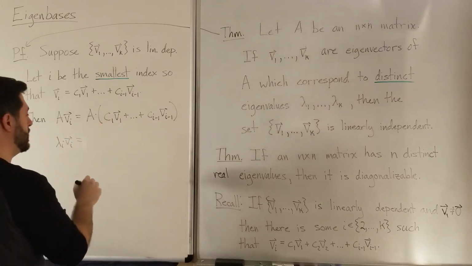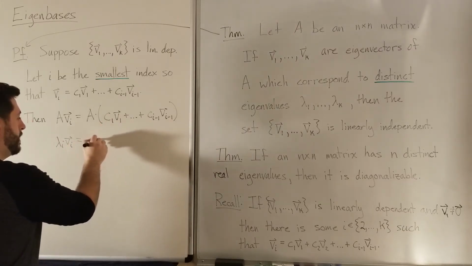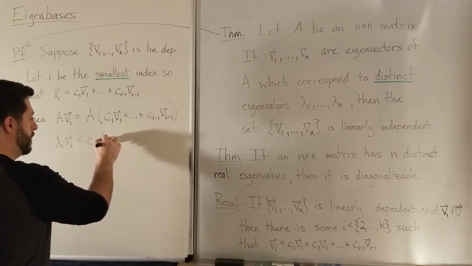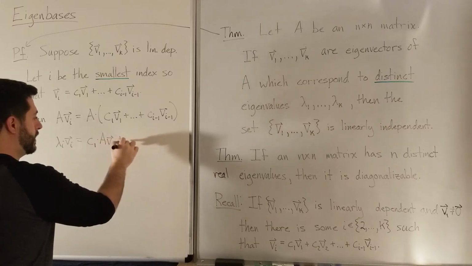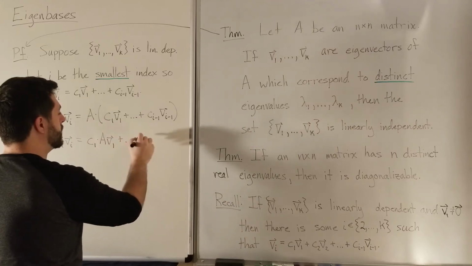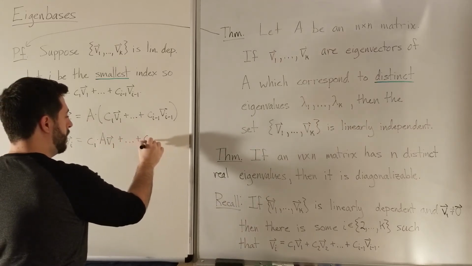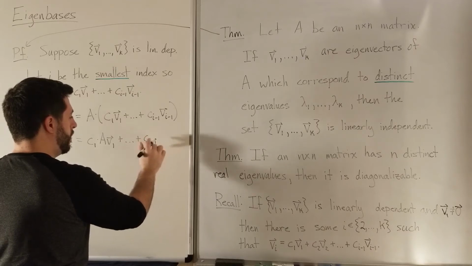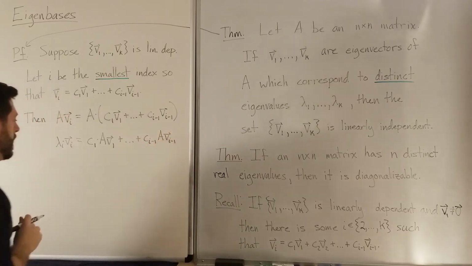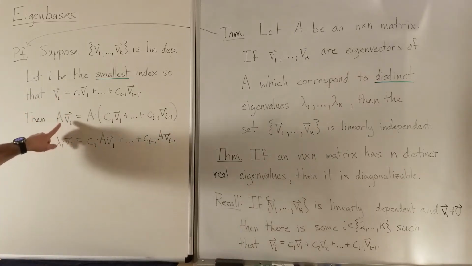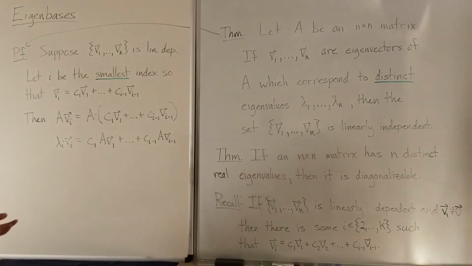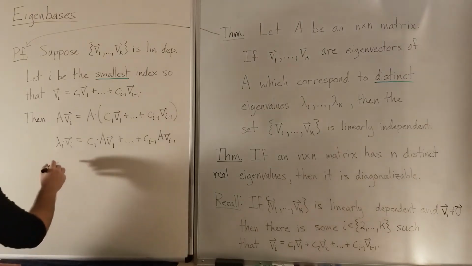And I know that A applied to this linear combination is the same thing as the linear combination of A applied to the individual vectors. So I'm just using the linearity of the map A to distribute it in and pull out the constants. Okay, and now I'm going to do the same thing I did over here by saying these are all eigenvectors, so let's just use the fact that A times the eigenvector is the eigenvalue times the eigenvector.